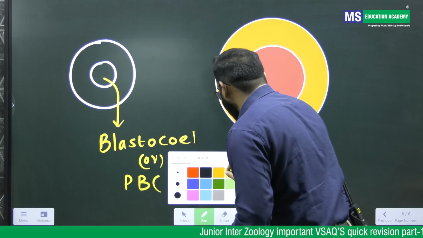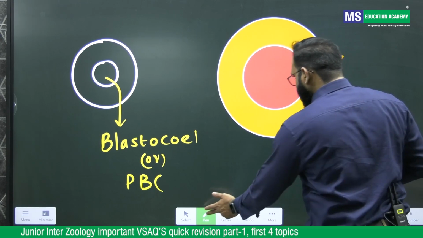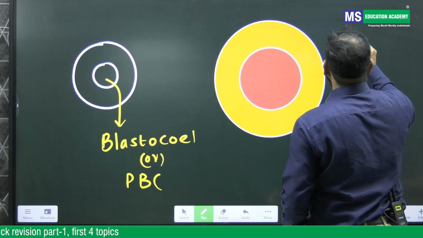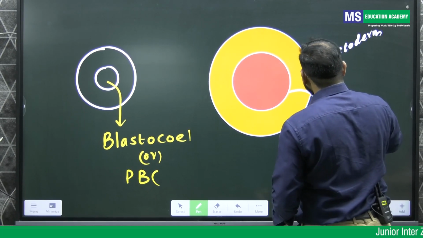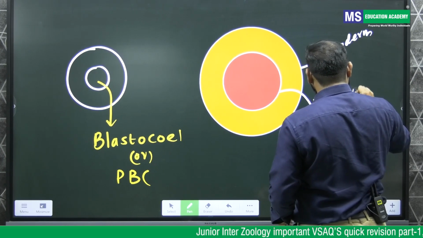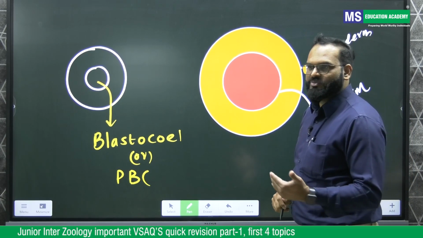Let us see, students. Let us imagine that this layer is ectoderm, and this layer is endoderm. Right. Now, one primary body cavity used to be there.